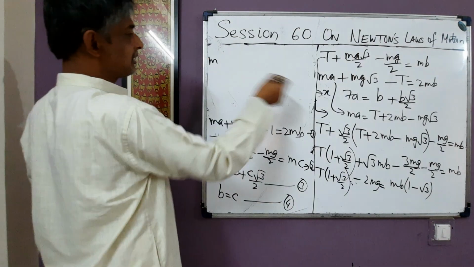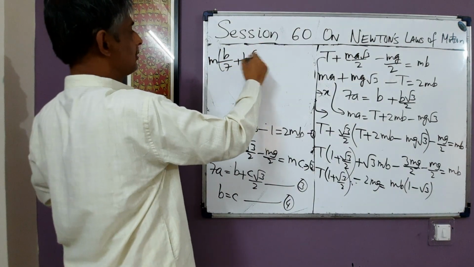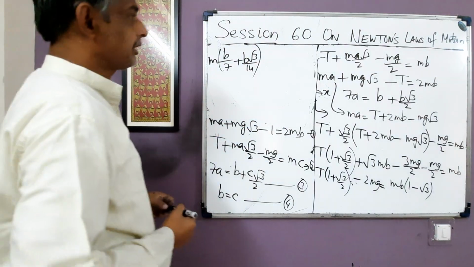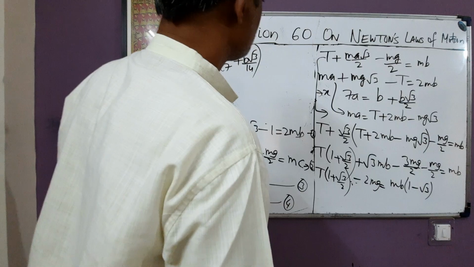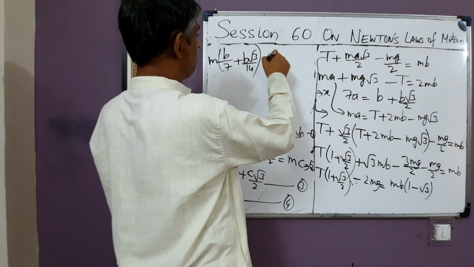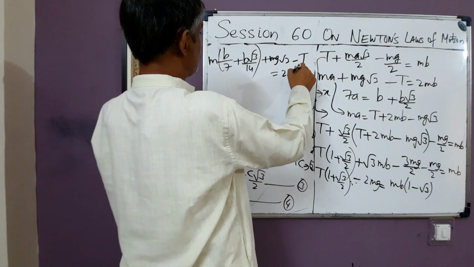So M times A becomes what? A becomes B by 7 plus B root 3 by 14 plus mg root 3 minus T is equal to 2 mb.